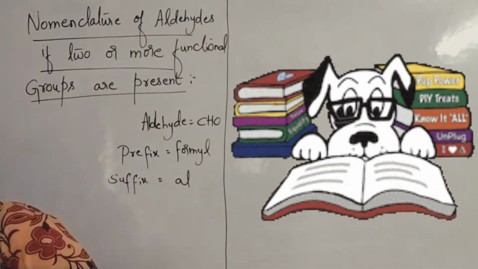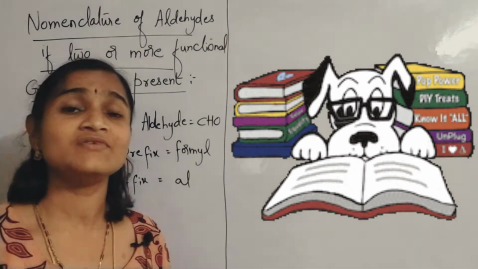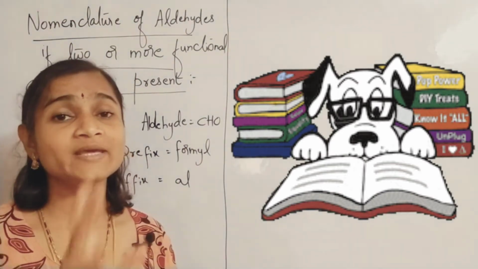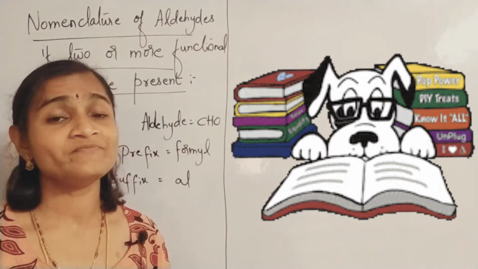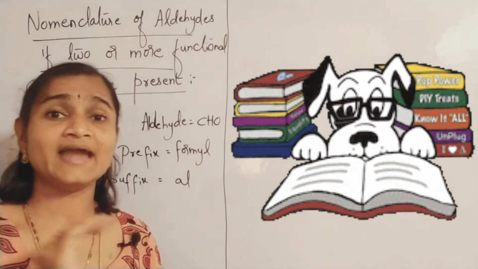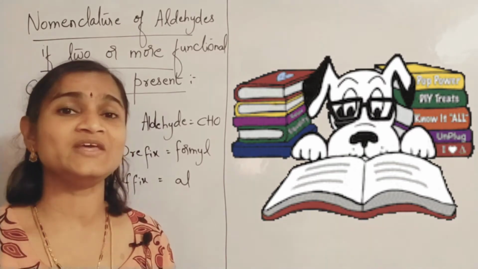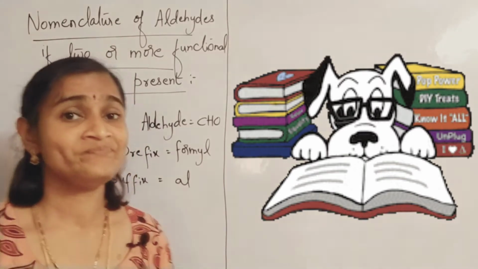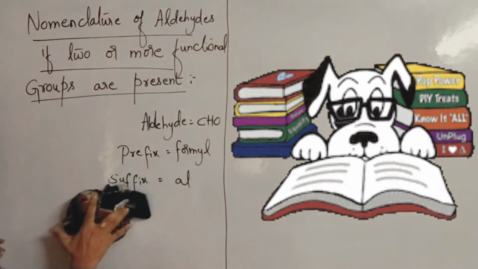Before going to the examples, let us first learn the functional groups which have more priority than aldehydes, and also those which have less priority than aldehydes.